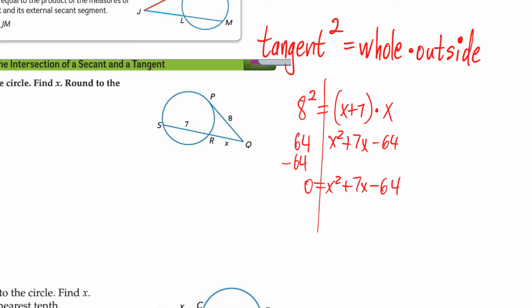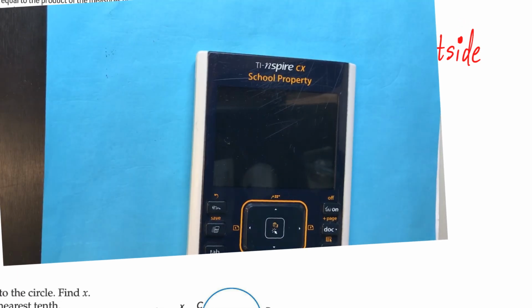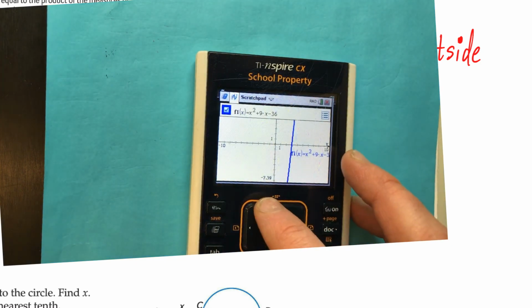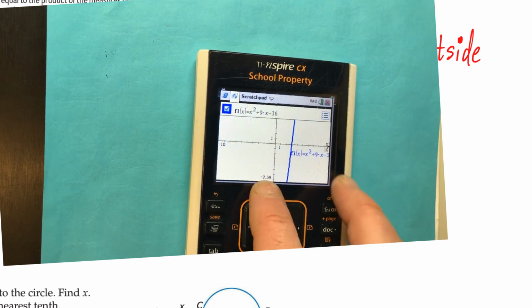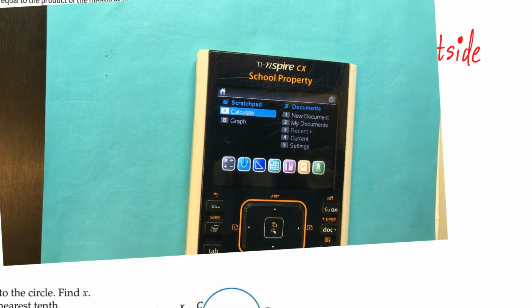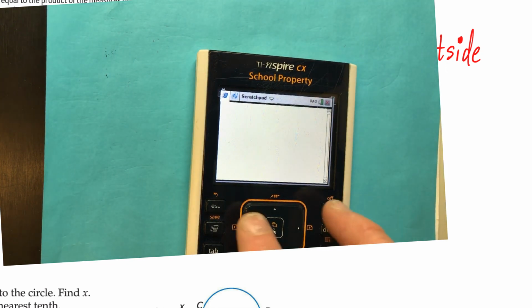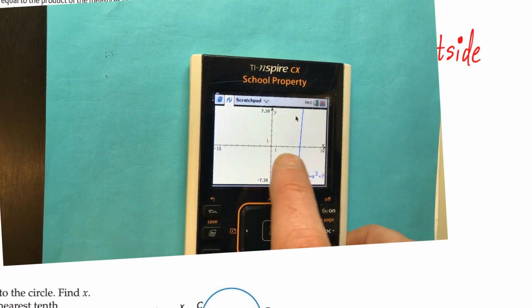All right, let's graph that. x squared plus 7x minus 64.